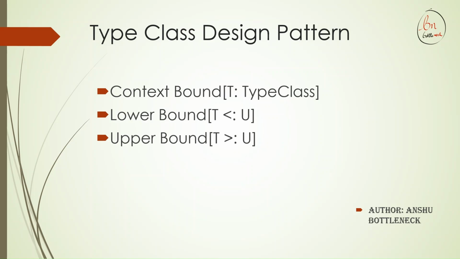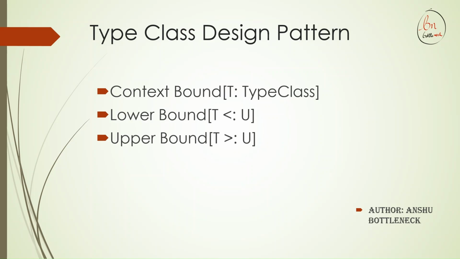So context bound directly relates to type classes, and it enforces that our type class instance is available for the type parameter, ensuring the type conforms to the behavior defined by the type class, whether implicit or explicit.